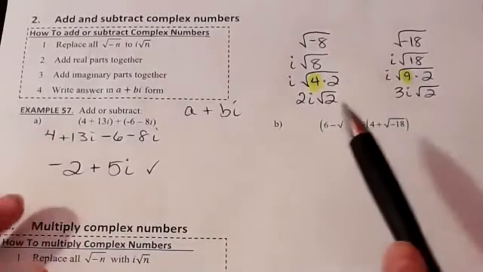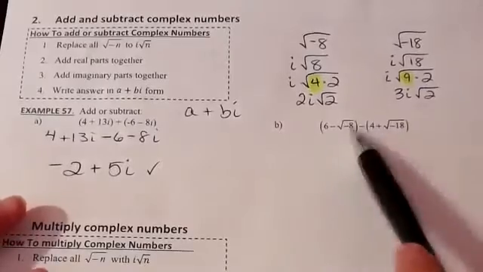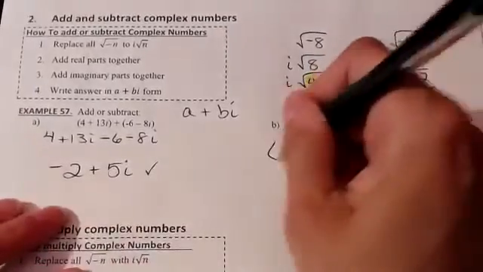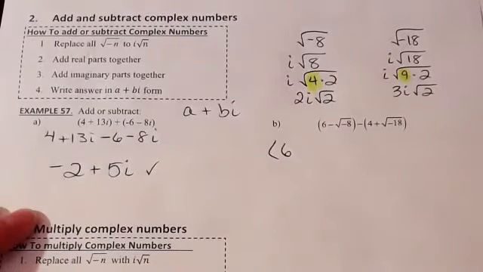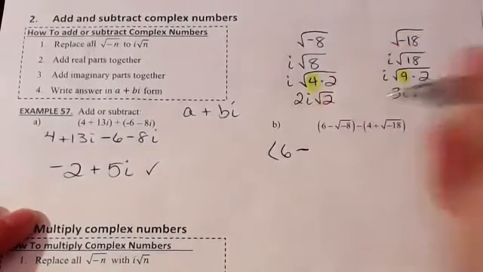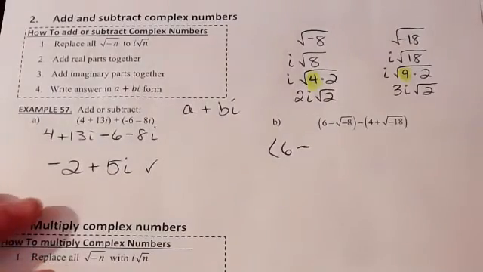Now, Jimmy, would you do me a favor? Tell me how to put these back in instead of these guys. So what would my expression be? 6 minus, would you do parentheses? We could, but we actually don't need the parentheses because he's just subtracting it.